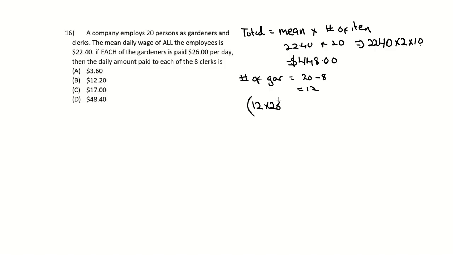So 12 by 26, plus 8 multiplied by some number. We don't know the number. This is how much each clerk is getting, would be $448 in total.